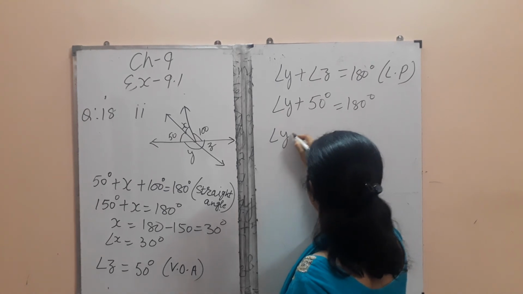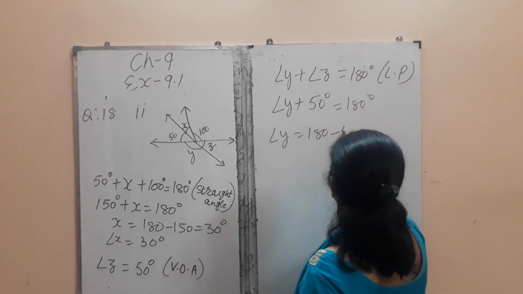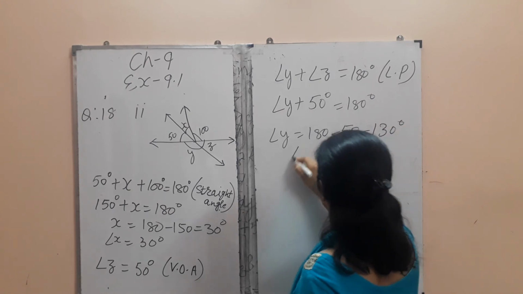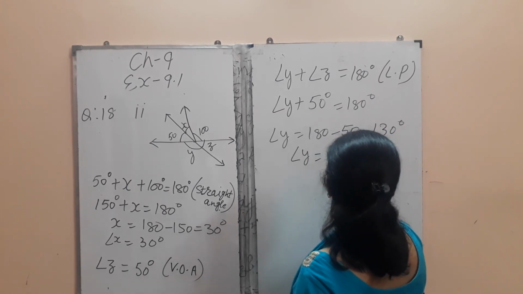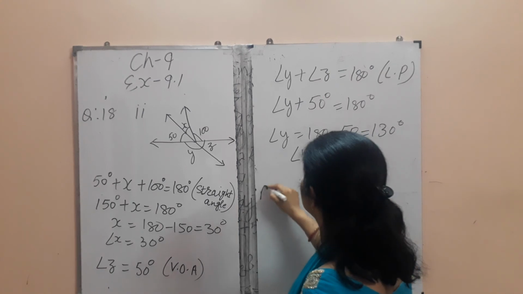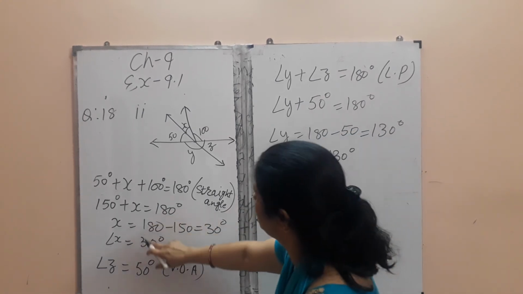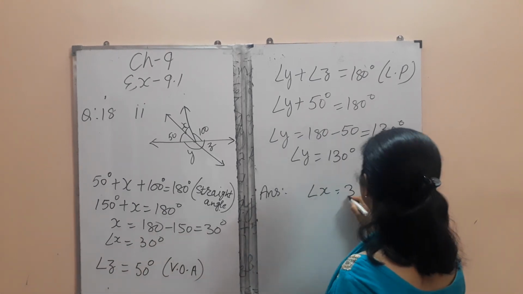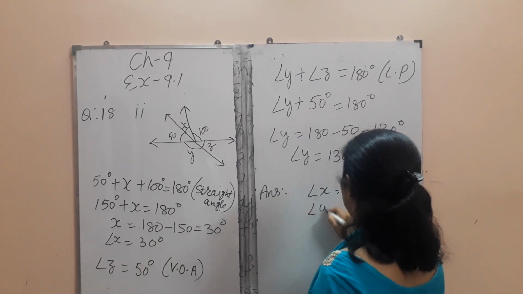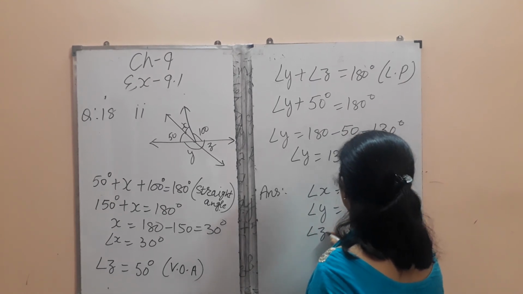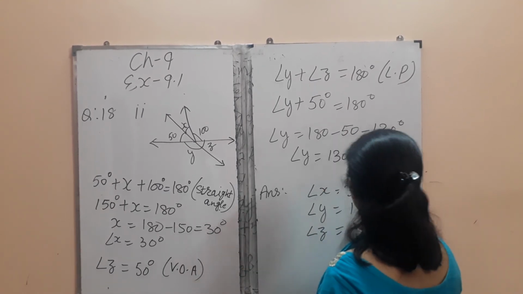Angle y equals to 180 minus 50 equals to 130 degree. So answer: angle x equals to 30 degree, angle y equals to 130 degree, and angle z equals to 50 degree.